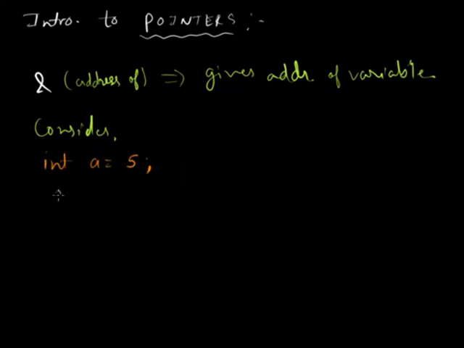The first thing is that it reserves memory space. Whenever you declare a variable, you reserve memory space. The second thing is that you have reserved the memory space, now you name it.